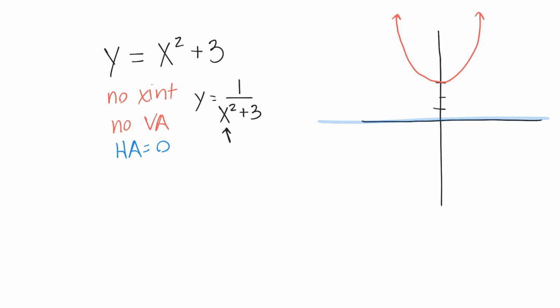So I'm going to take the reciprocal. I don't know if you remember, but at the beginning we talked about how you could take the reciprocal of the vertex. So if this is 3, what is the reciprocal of 3? Well, it's a third, right?